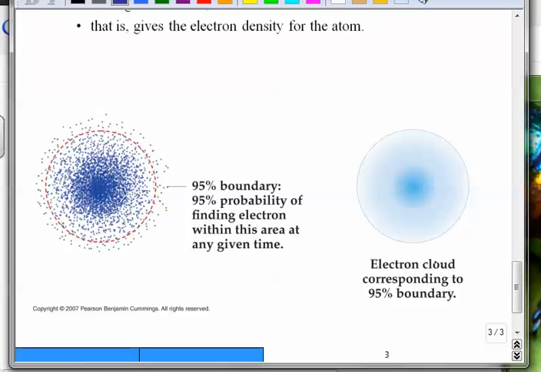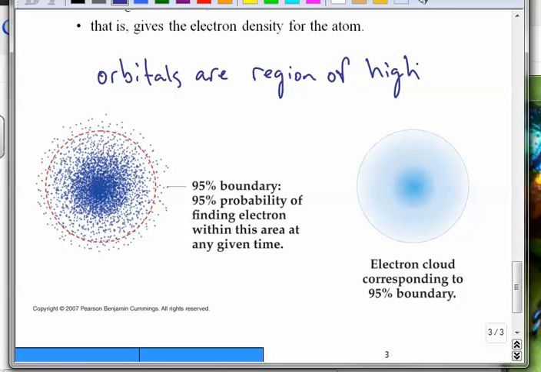And sometimes we think of this in terms of electron clouds. But really these clouds are regions, so these orbitals are regions of high electron probability density.